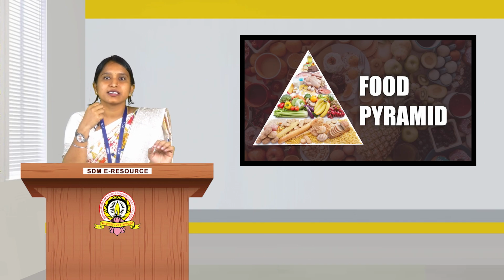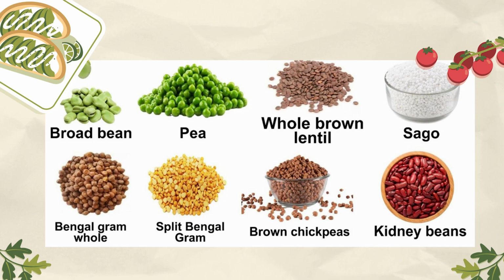And what are pulses? We can see the slides here. Pulses are broad beans, peas, which we call batane, whole brown lentils, sagu, Bengal gram, chickpeas, kidney beans. These are all pulses, right? Yes.